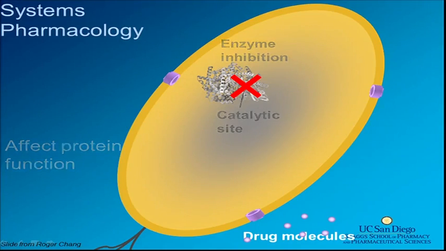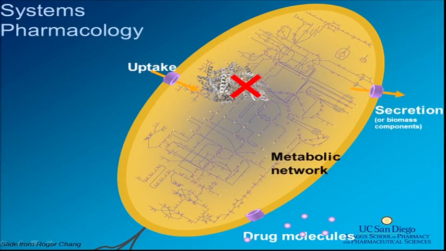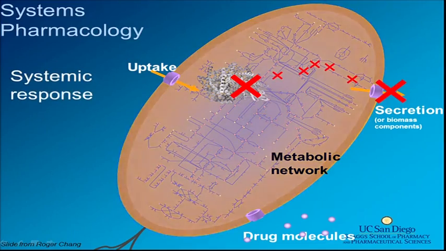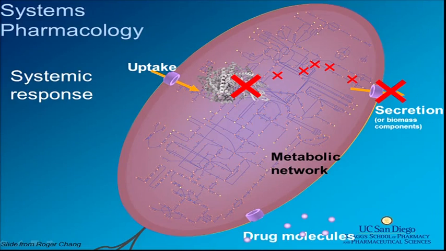All right? The implications are, within the complete biological network, that uptake of metabolites and other things are impacted here because this is no longer working in the same way. That has a whole set of downstream effects. So it has a systematic response throughout this network, which ultimately leads to something else that you can measure. In this case, say secretion.